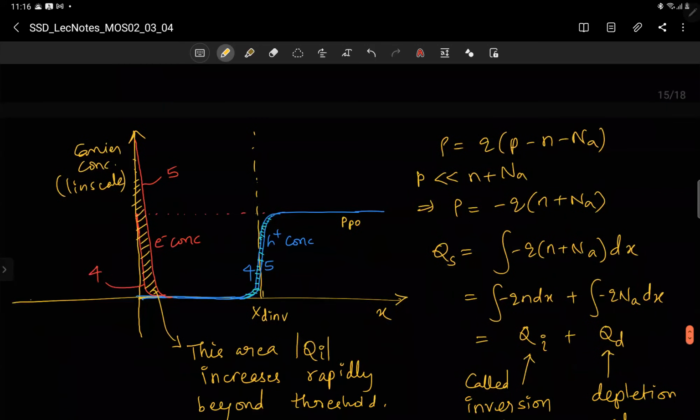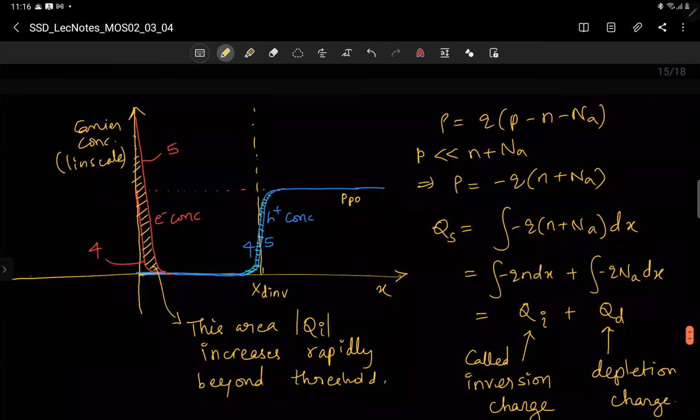Let us see this in terms of space charge. I have not drawn the space charge, but you can draw it. Rho is equal to q times (p minus n minus Na). And we have seen earlier that p is much smaller than n plus Na in this region.